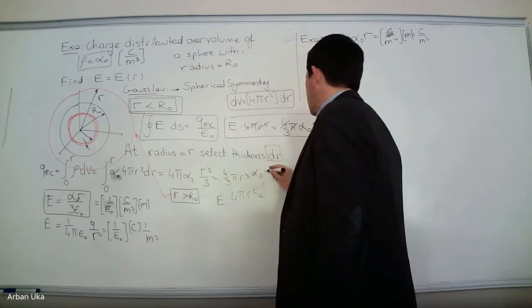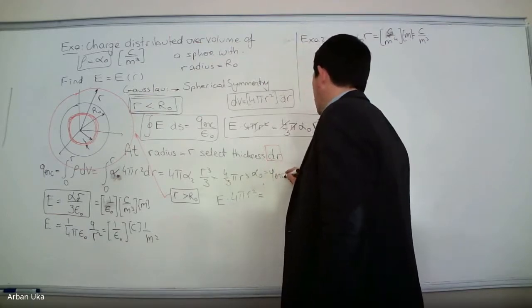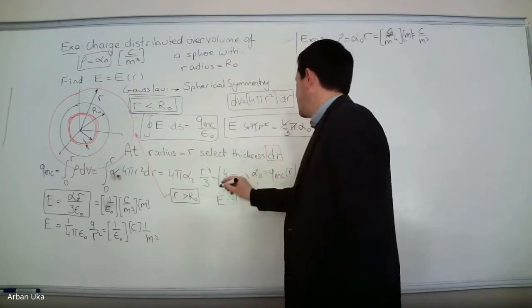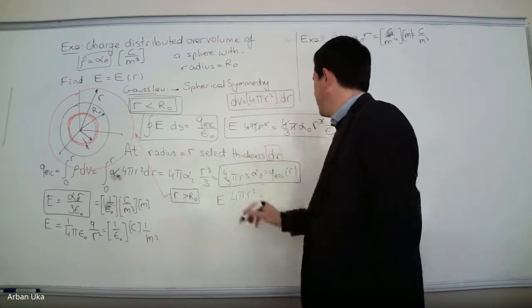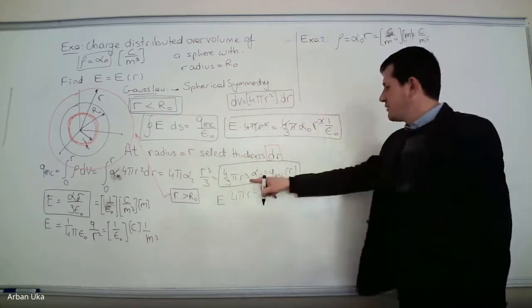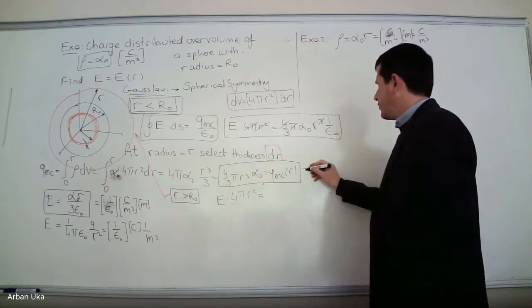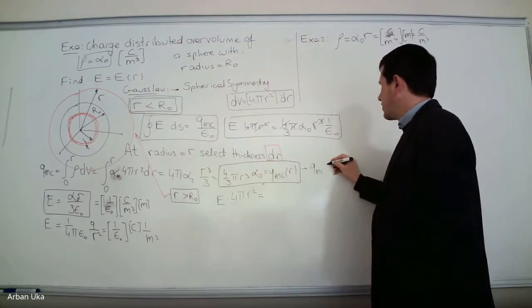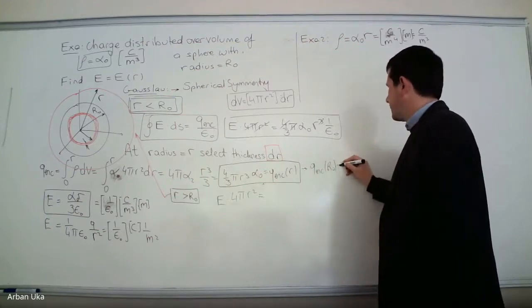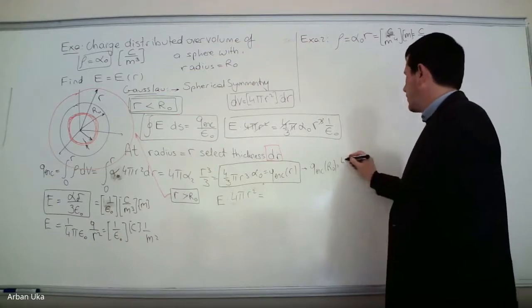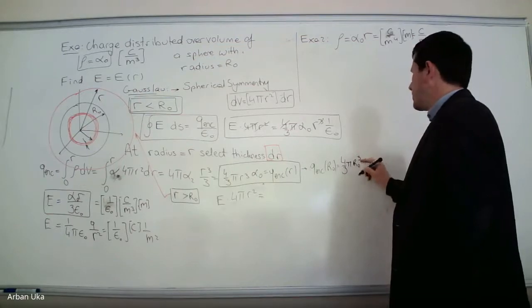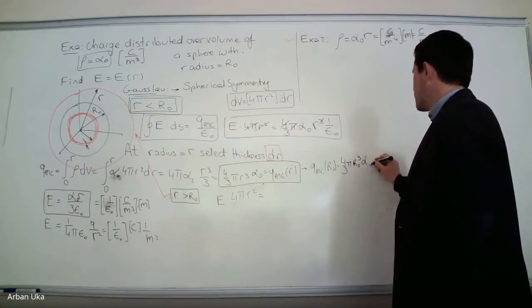This is alpha 0, Q enclosed as a function of r. But what is Q enclosed as a function of r0? This is equal to 4 over 3 pi r0 cubed, now this is a constant, times alpha 0.